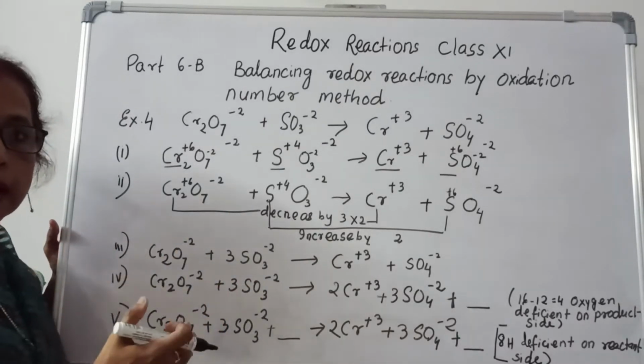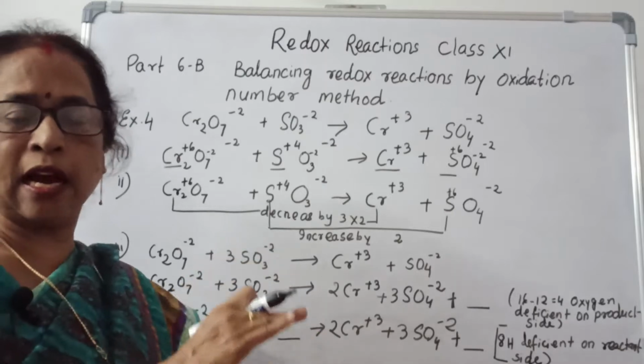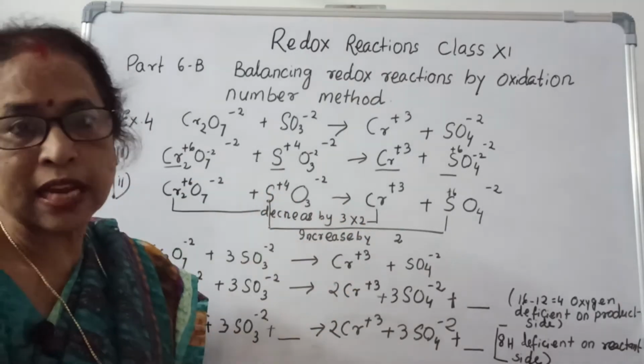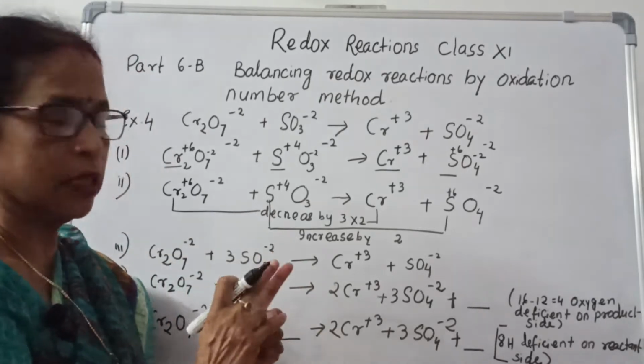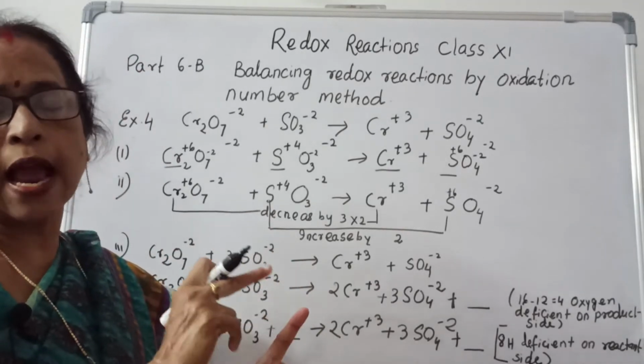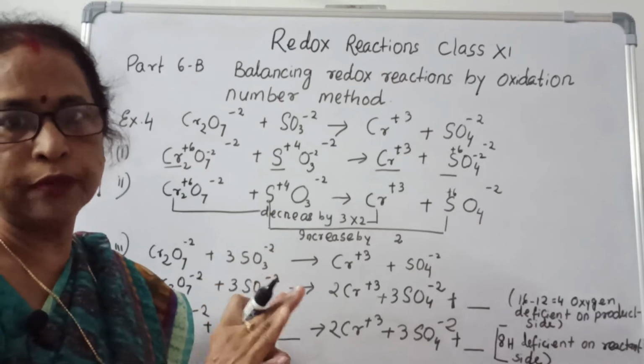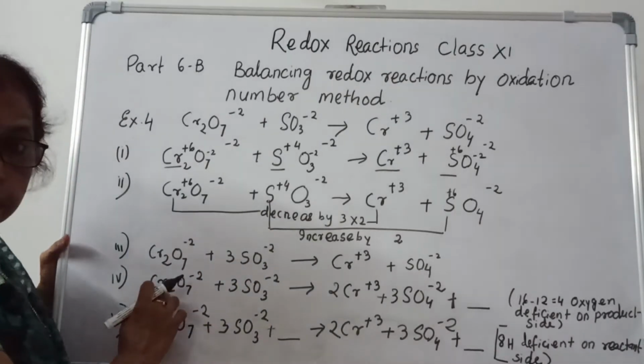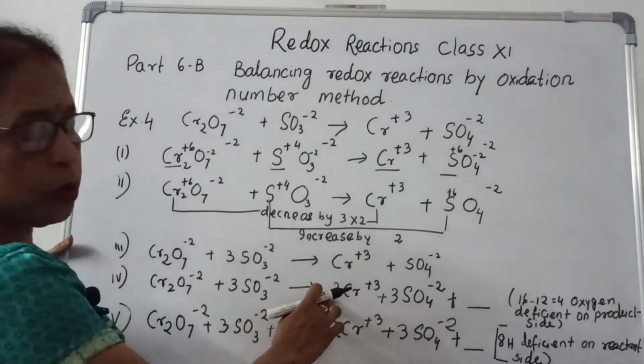We will make balance except oxygen and hydrogen on both sides. That means on the reactant side and product side we will make balance, but we will not touch the oxygen and hydrogen. First leave it. Now see, chromium is 2 times, that is why multiply by 2.